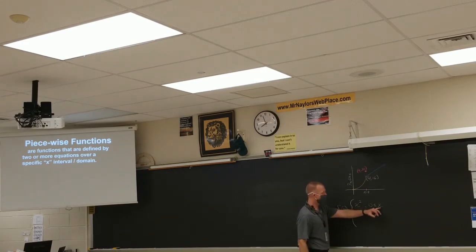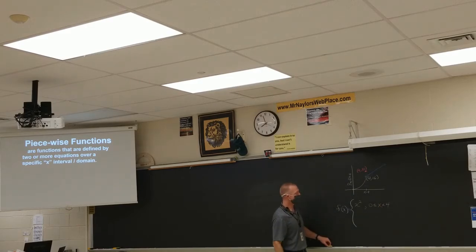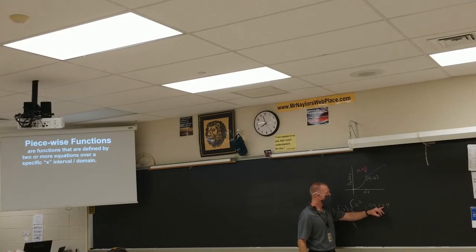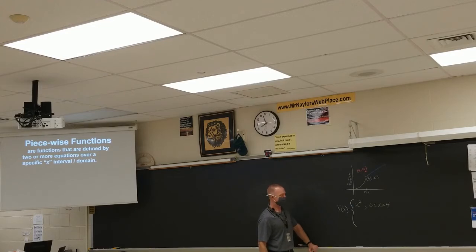To say that x is greater than 0 means that we're only to the right of this parabola's start. But of course, it appears to stop at this spot when x is equal to 4. Technically, though, x cannot equal 4, so we'll just leave it as less than only. Okay, now that describes the piece of the graph that's the parabola.